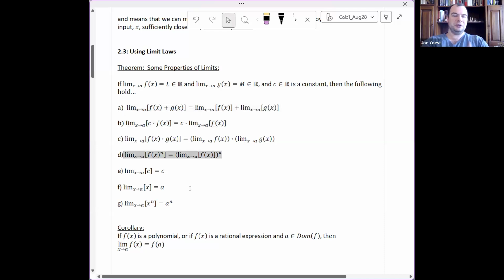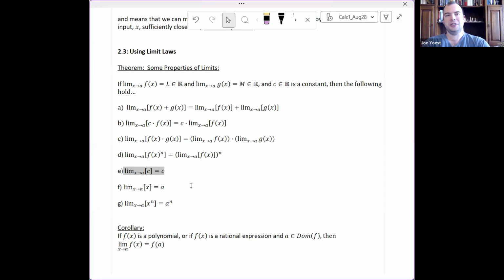The limit of a function to a power, you can move the limit inside the power. The limit of a constant is just that constant, or in other words, the limit of a constant function, a function which for any input gives the same value as the output, is just that constant output.